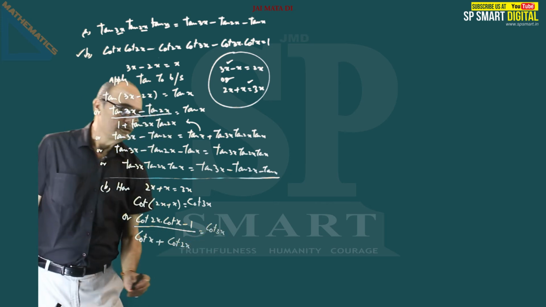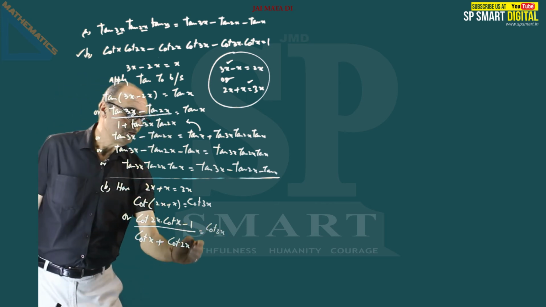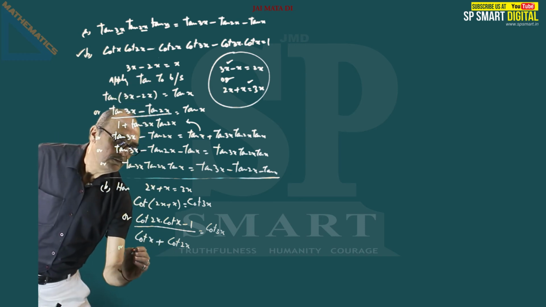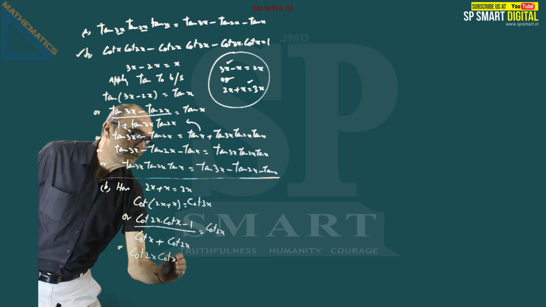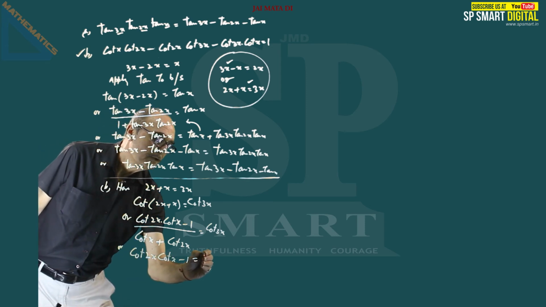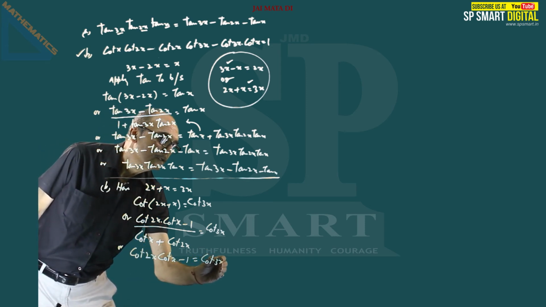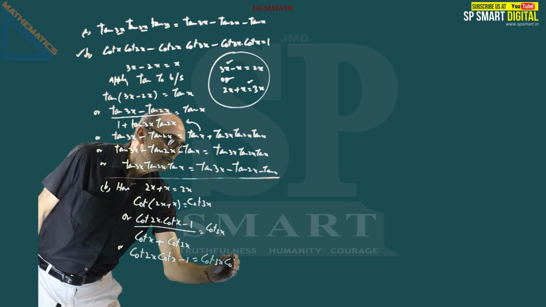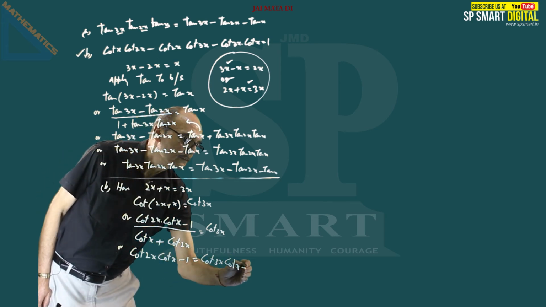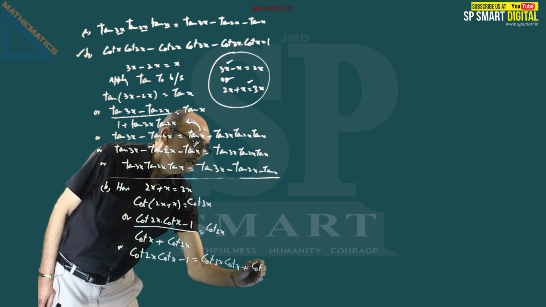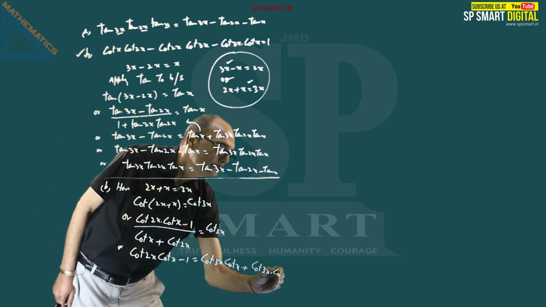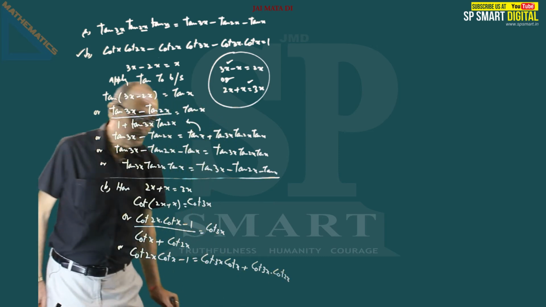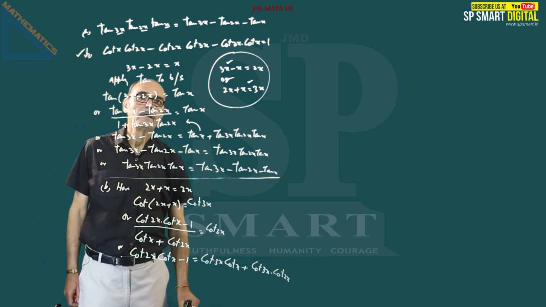So, multiply crosswise, or we have cot of 2x cot of x minus 1 equal to cot of 3x into cot of x plus cot of 3x into cot of 2x. So, you can rearrange the terms and write the result in the desired form.